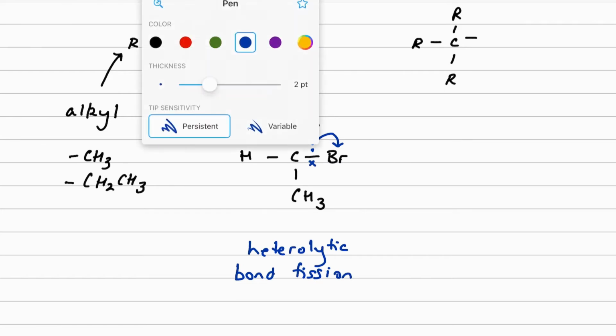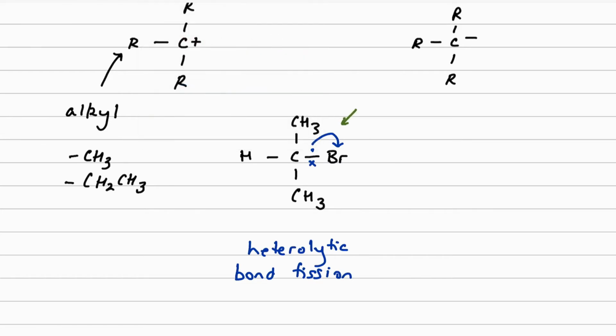Note that I am using a curly arrow to show the movement of the electrons, and it's a double-headed arrow because I'm moving a pair of electrons. They're moving onto the bromine because bromine is more electronegative than carbon. So the result of this bond fission would be to form this carbocation and a bromide ion.